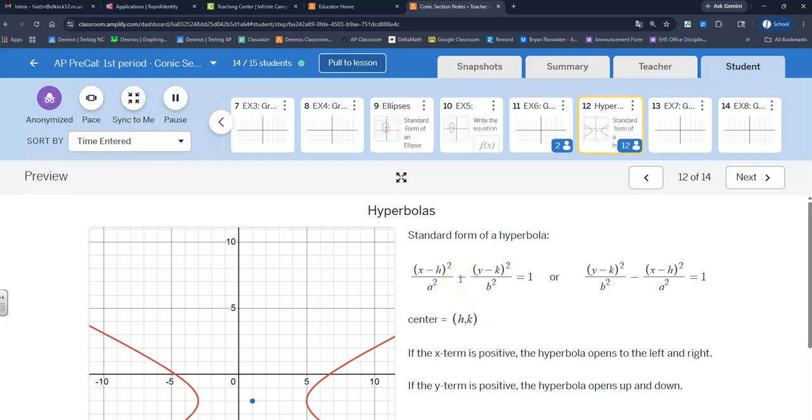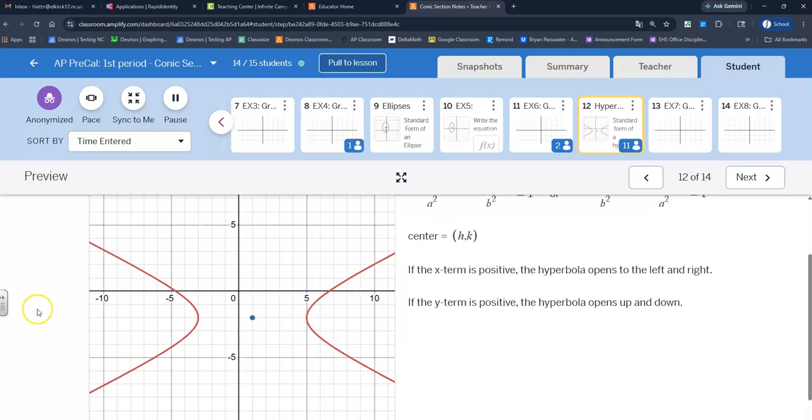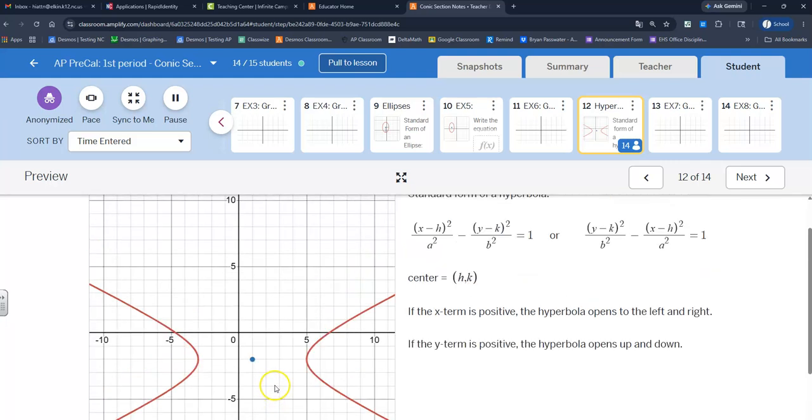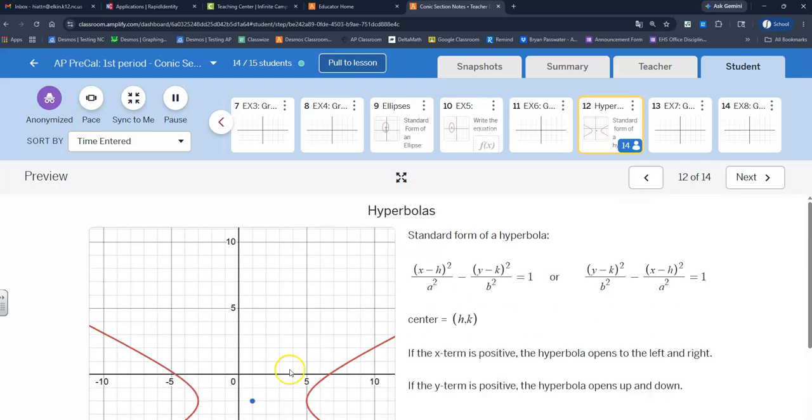That middle is a minus sign, right? So the equations are almost identical, but the graphs look very, very different. You can see here, this is a hyperbola, and that hyperbola looks very different than the ellipse.